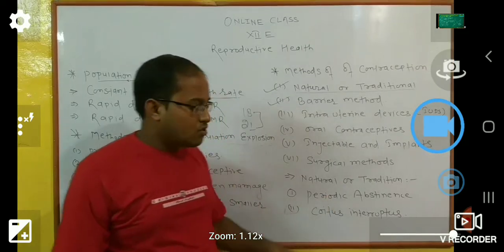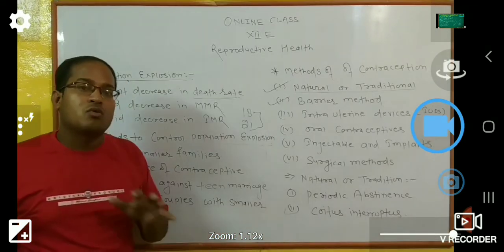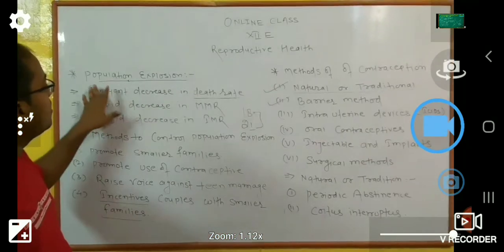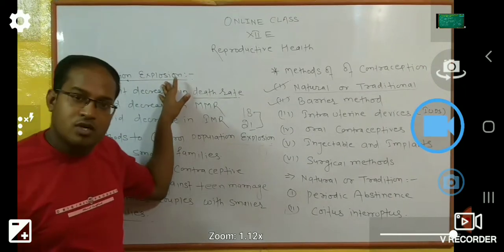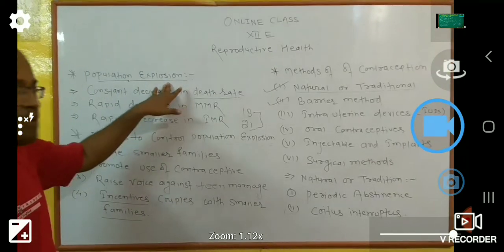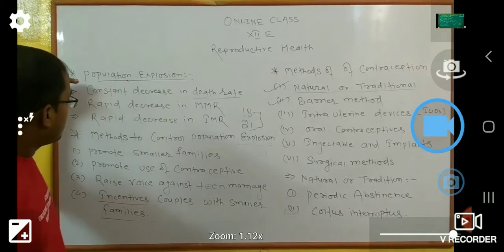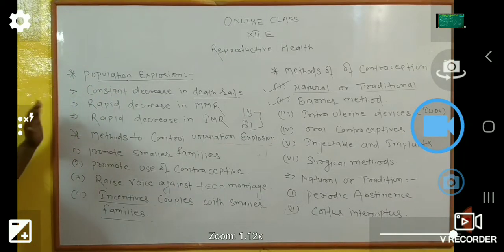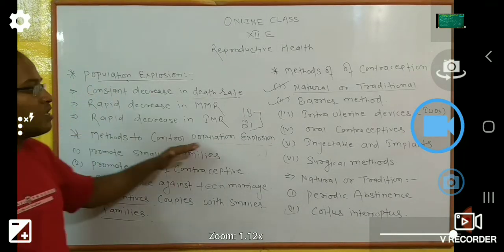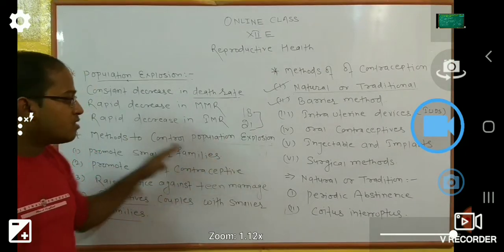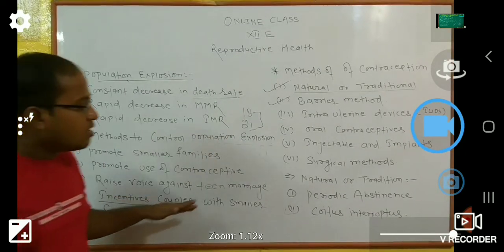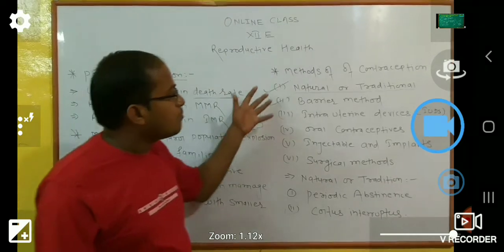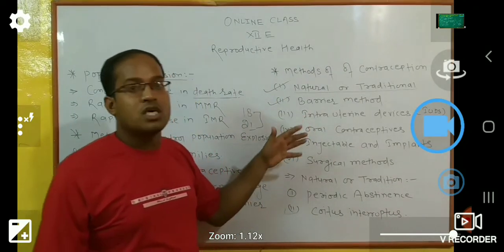So today we have discussed so many points: what population explosion is and how it is growing day by day. Second, the basic principles we have discussed, and next the methods to control population explosion, and certain methods and implements which the government and NGOs are also using.